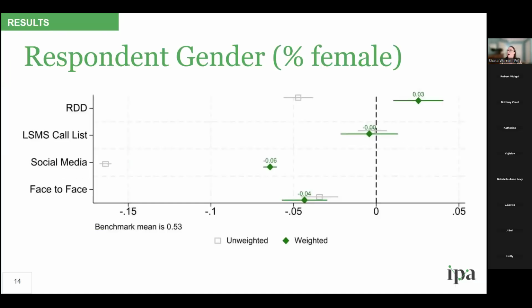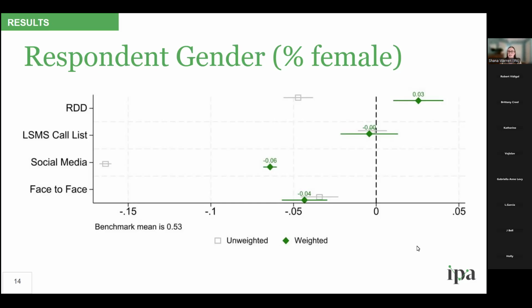Okay, good. So respondent gender is the first one that I want to address. And for this slide, I'm going to begin by explaining what you're looking at. So here we have grouped together all the RDD surveys, all the LSMS call list, that is the high frequency panel surveys that were implemented during the pandemic, calling phone numbers from the LSMS, social media surveys, and face-to-face surveys.